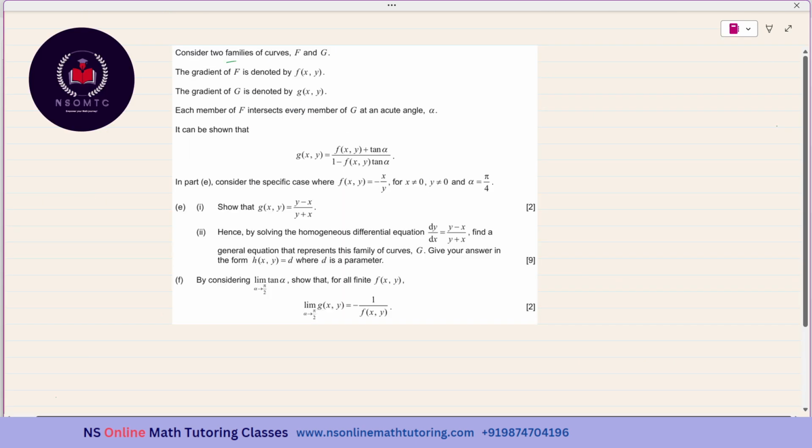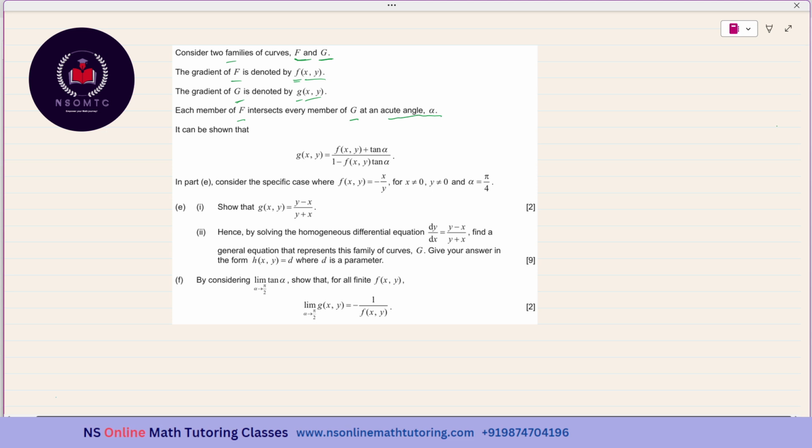Consider two families of curves F and G, capital F and capital G. The gradient of capital F is denoted by the small f. This is a function of x and y. And the gradient of capital G is denoted by small g. This is also a function of x and y. Each member of F intersects every member of G at an acute angle alpha.